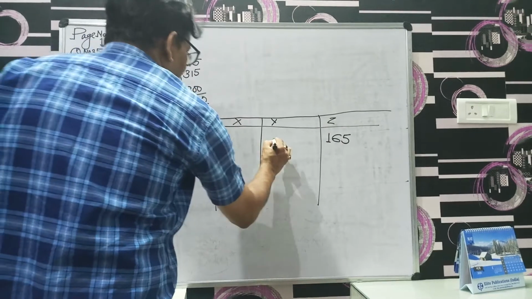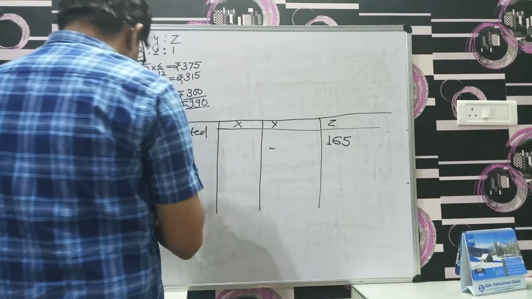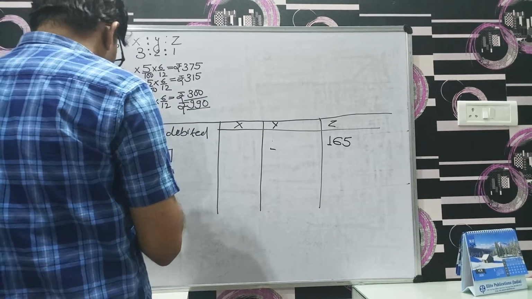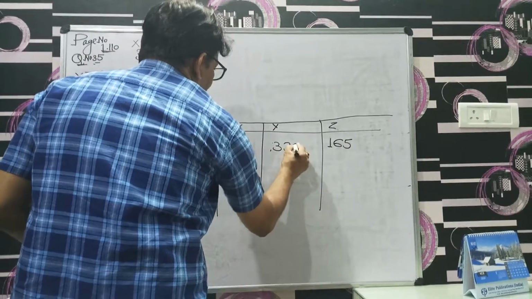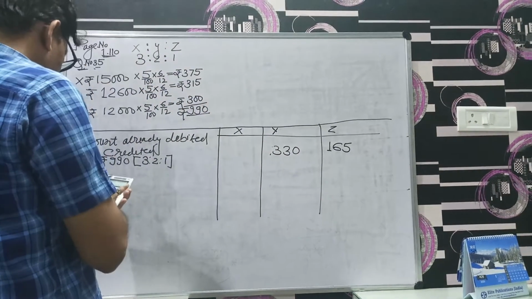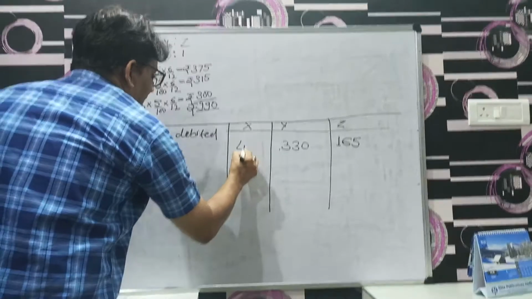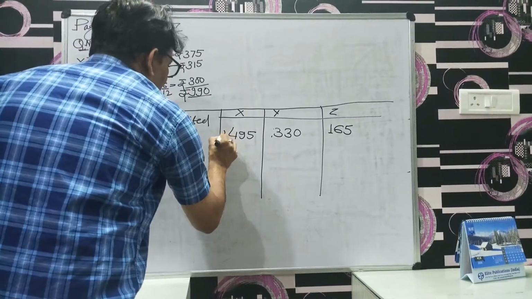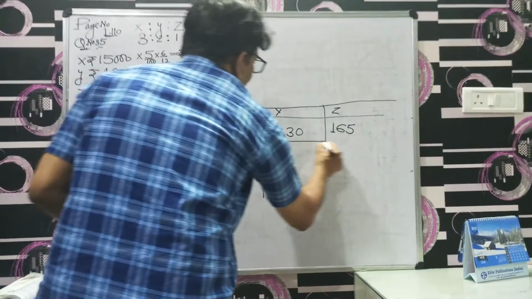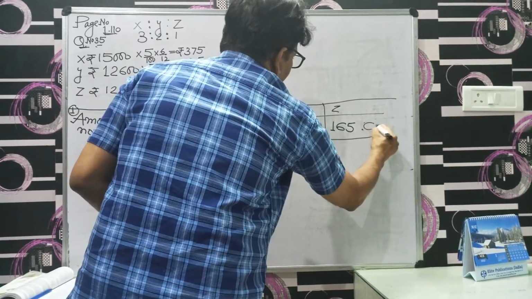For Y it would be 165 into 2, 330, and for X 165 into 3, 495. This particular part we have to credit.